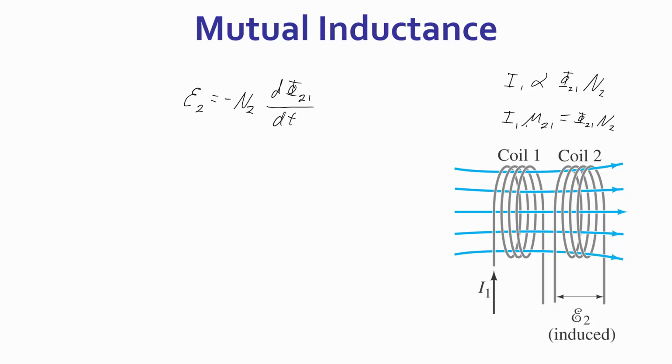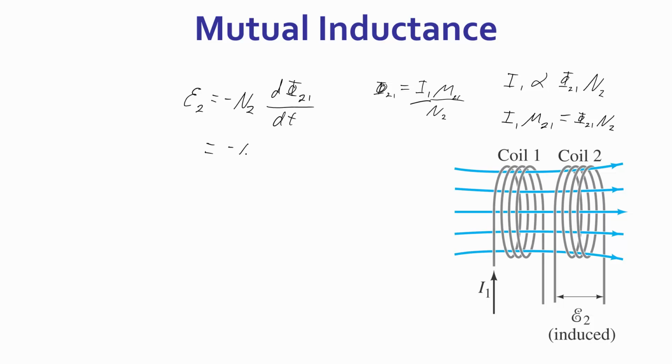So if I rearrange this and solve for my flux, I'm going to get flux 21 equals I1 M21 over N2. And if I plug that in here, I can pull out the M and the N because they're constant.